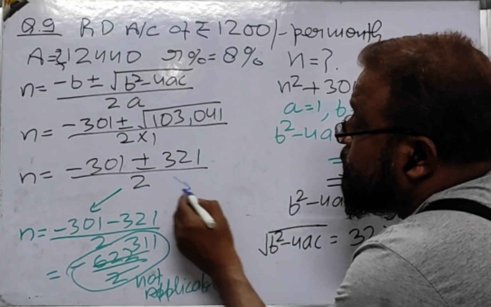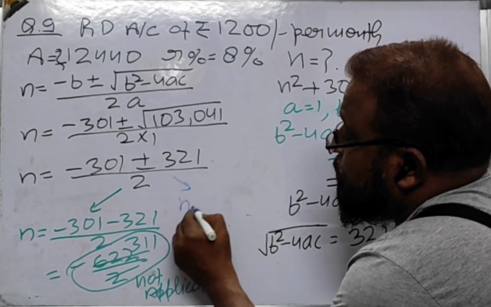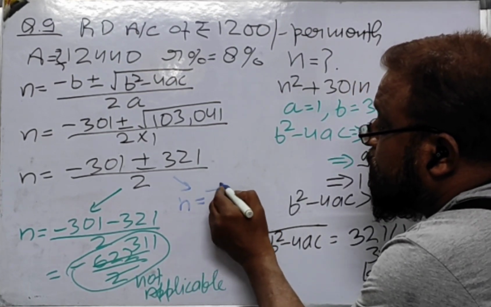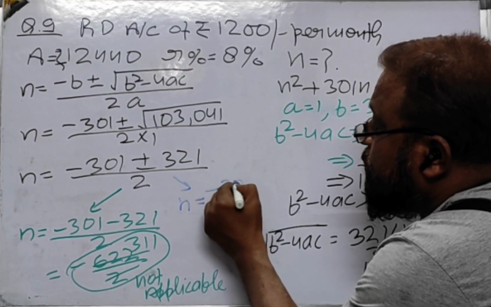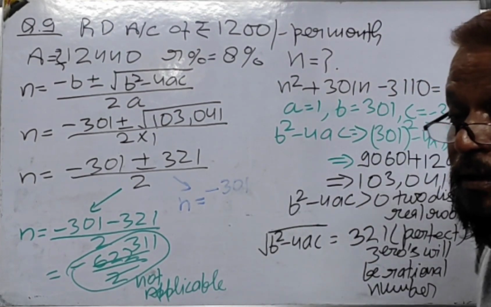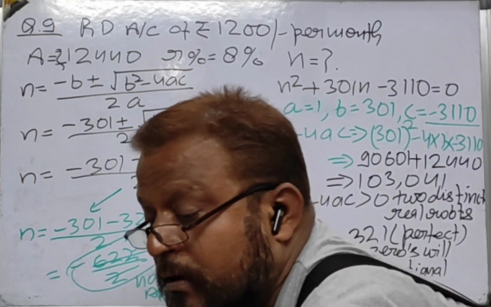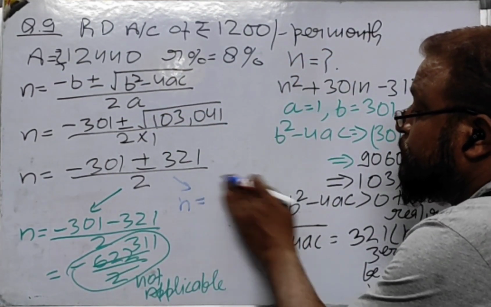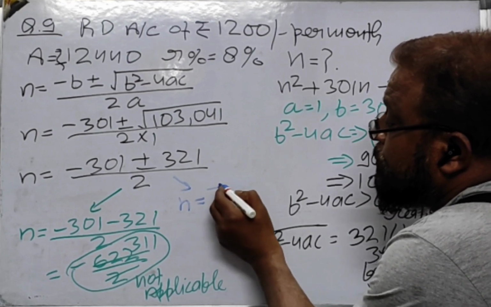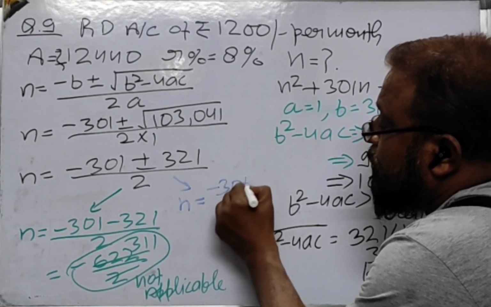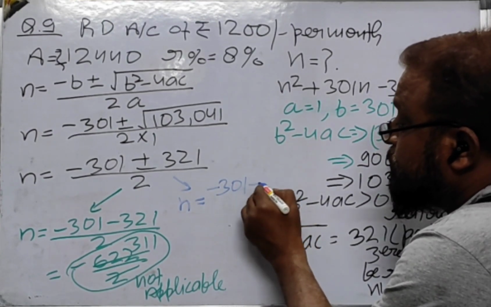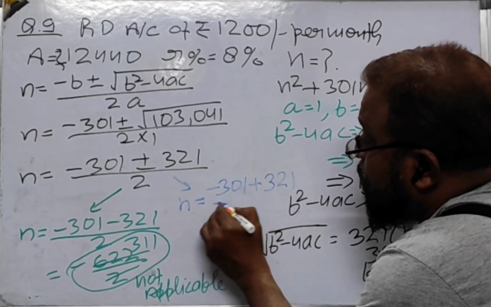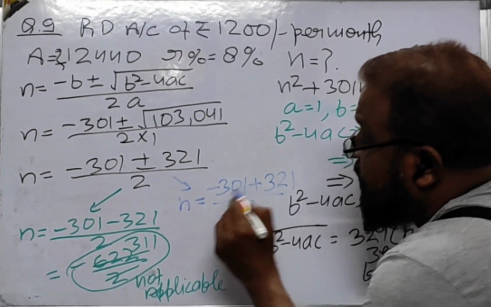next is n is equal to minus 301 plus 321 upon 2. Right?